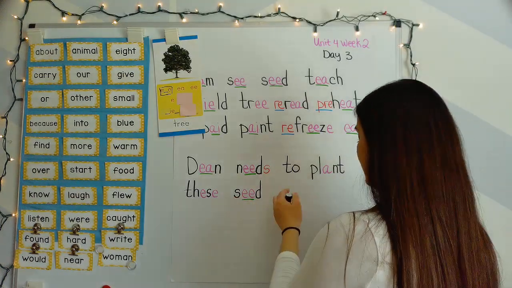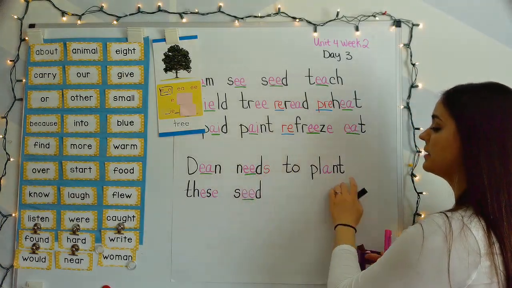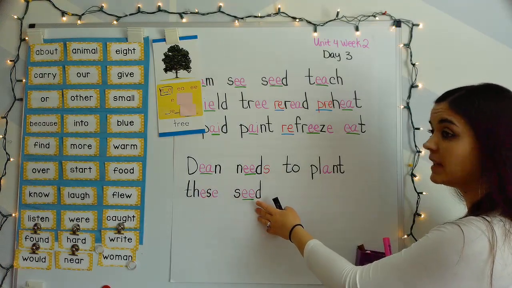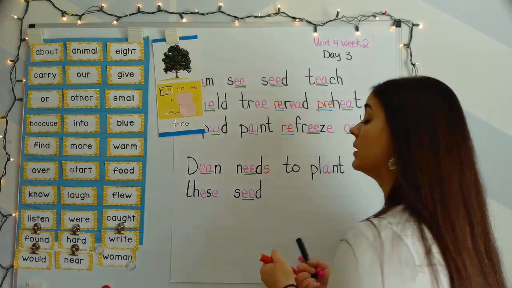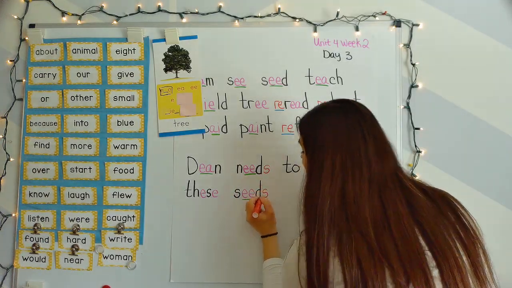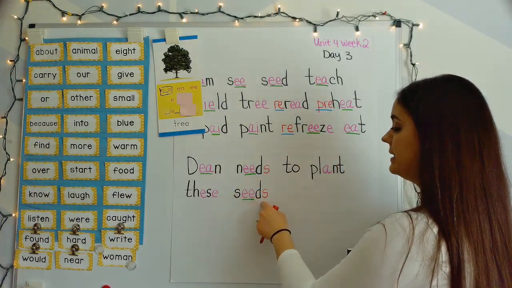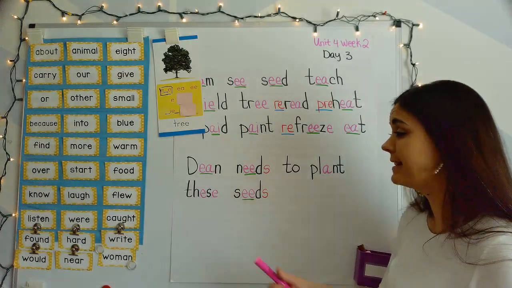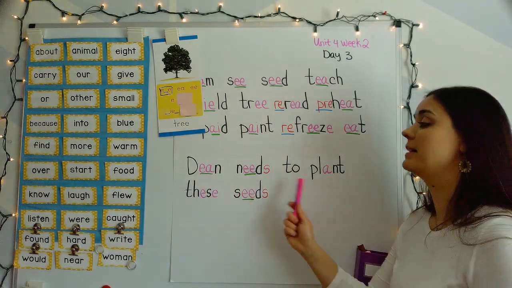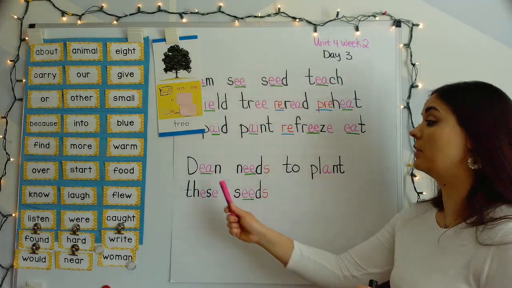S-E-D. Seed. Right. Dean needs to plant the seed. That doesn't sound right. We would have to add an S to this word to make it sound right. Seeds. All right, let's read our sentence. Dean needs to plant these seeds. Your turn.